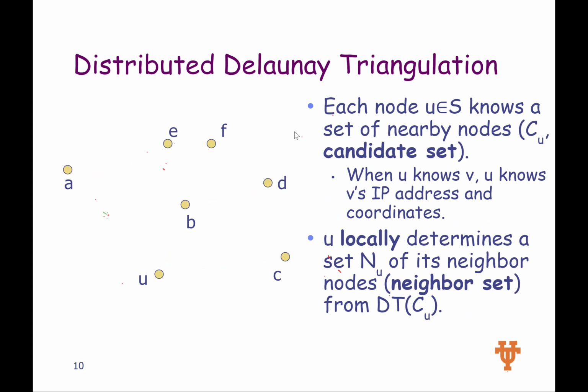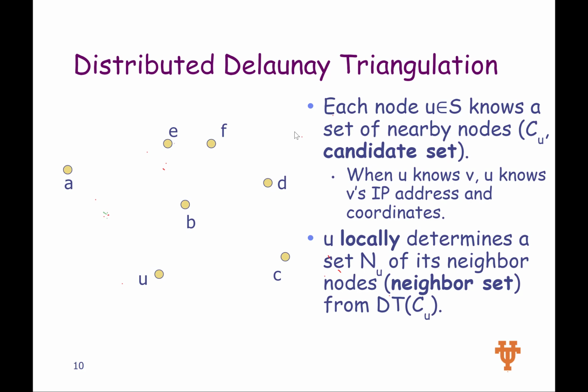And what is a distributed Delaunay triangulation? A distributed Delaunay triangulation means every node only knows a subset of nodes, and there is no one who knows all nodes. It's a network environment. So if you don't know all nodes, how do you calculate the DT? You cannot, right? Because when you have another node, the DT will change.